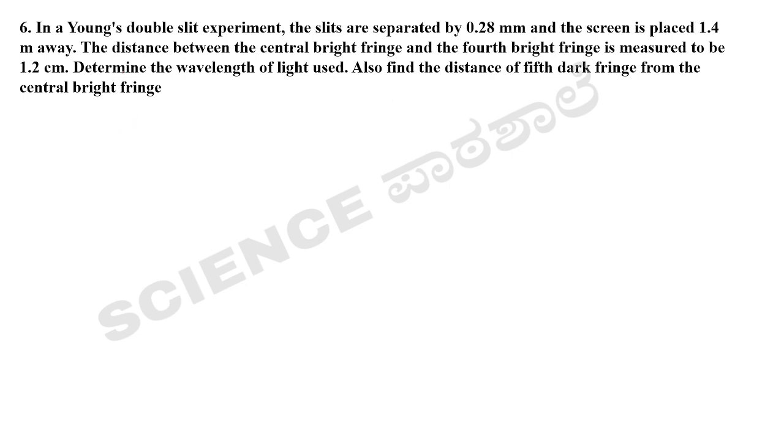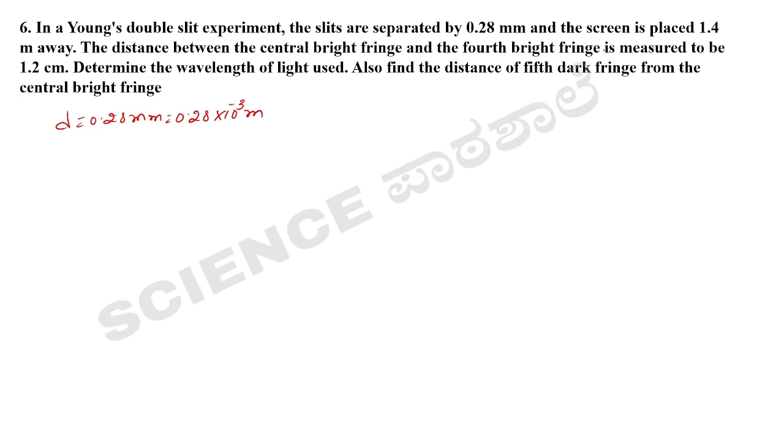Okay, so first write the given data, what they have given. The slits are separated by 0.28 mm, that is small d is equal to 0.28 mm, that is 0.28 into 10 raised to minus 3 meter. Okay. Next, what have they given?